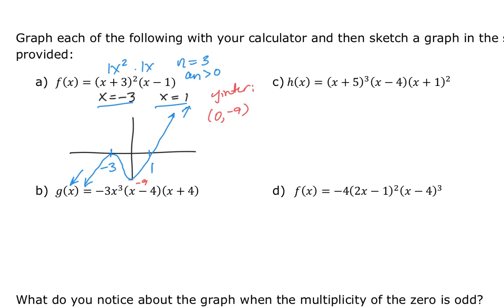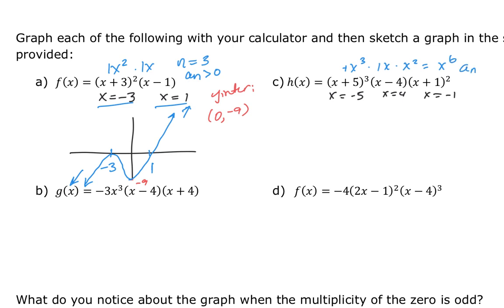Now I'm going to do the next one. This produces x is equal to -5. This produces x is equal to 4. This produces x is equal to -1. My first term is going to give me a positive 1x to the third. The next one is going to give me a positive x. And the last factor will give me a positive 1x squared. So I get x to the 6th, it looks like.